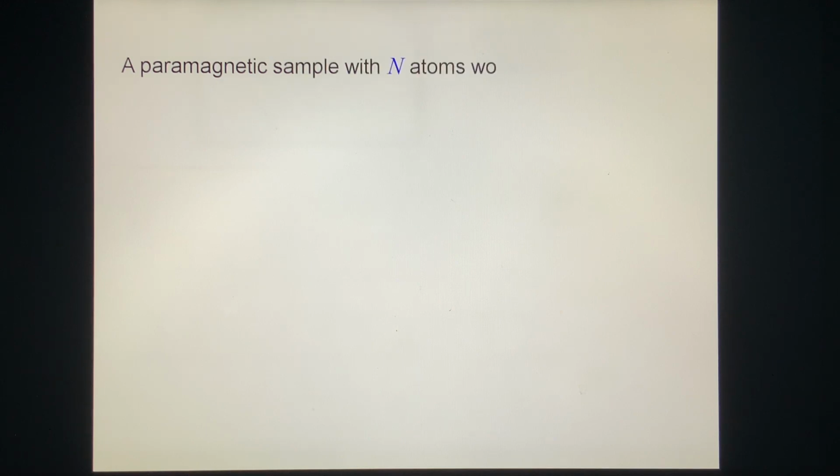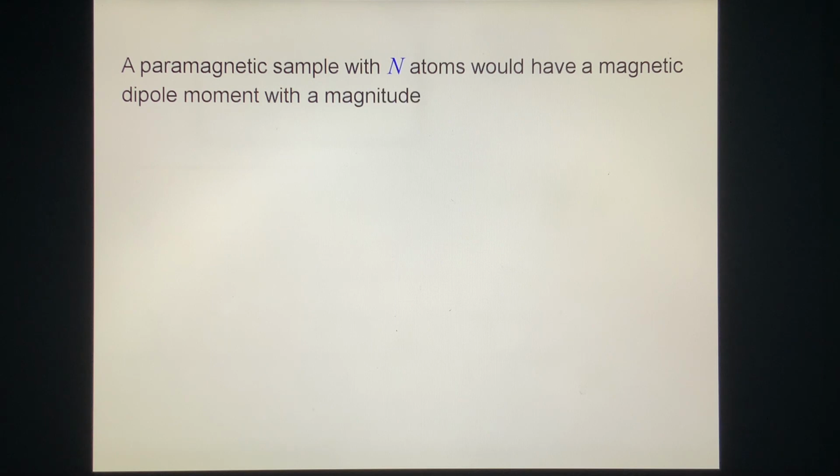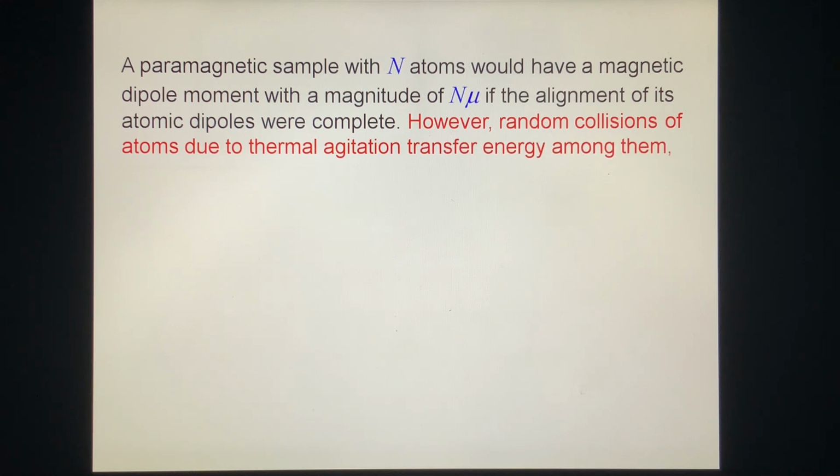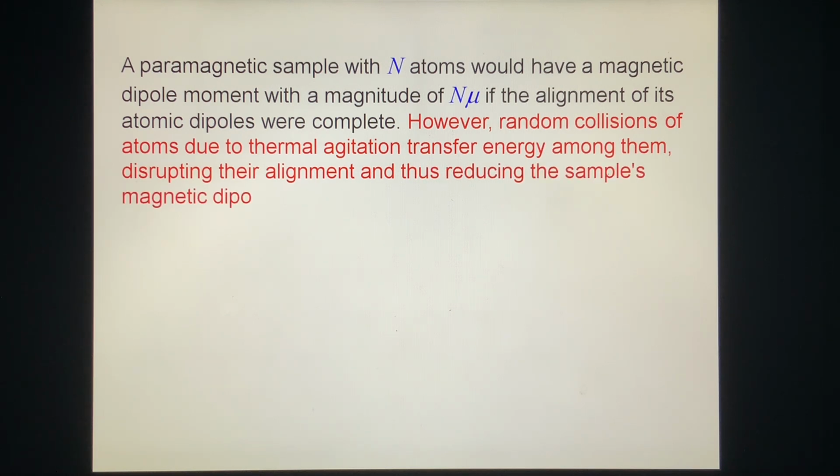A paramagnetic sample with N atoms could have a magnetic dipole moment with the magnitude of N mu if the alignment of its atomic dipoles were complete. However, random collisions of atoms due to thermal agitation transfer energy among them, disrupting their alignment and thus reducing the sample's magnetic dipole moment.